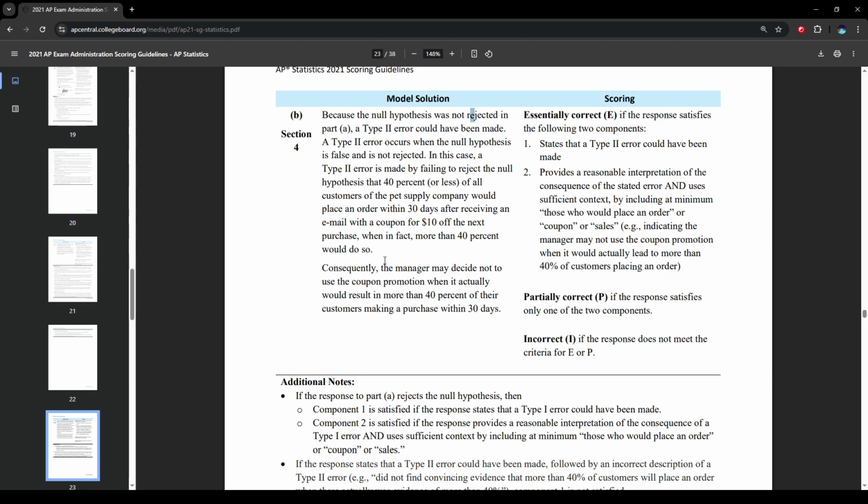The consequence is just you lose out on getting more customers to purchase stuff. You have to define what a type 2 error is. You also have to be very specific in your explanation, and if you're not specific enough, you could not earn all of the points. Does that make sense to everyone?